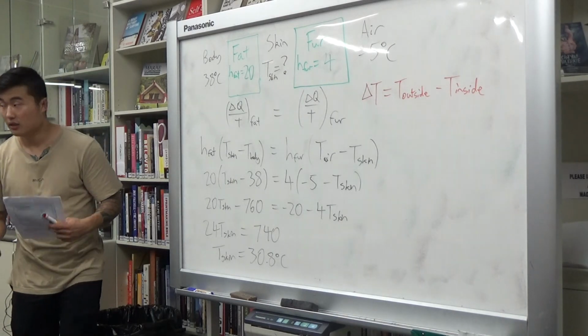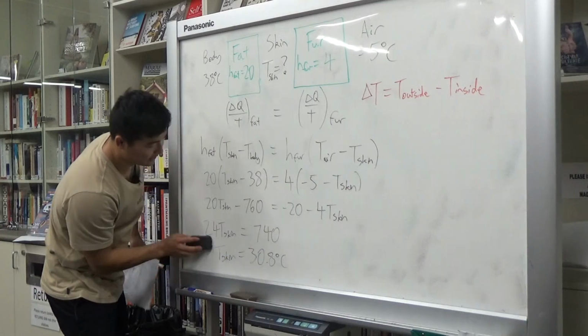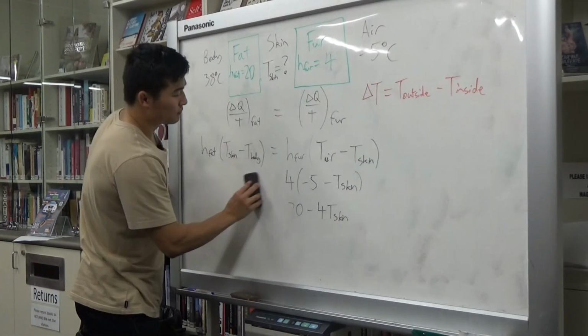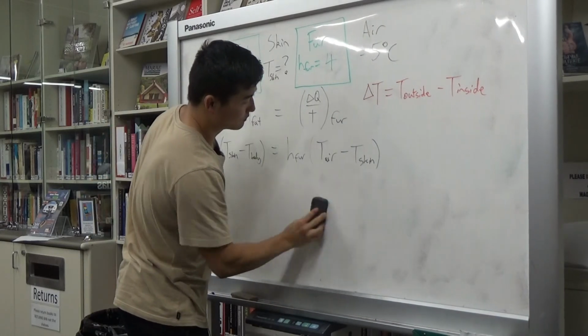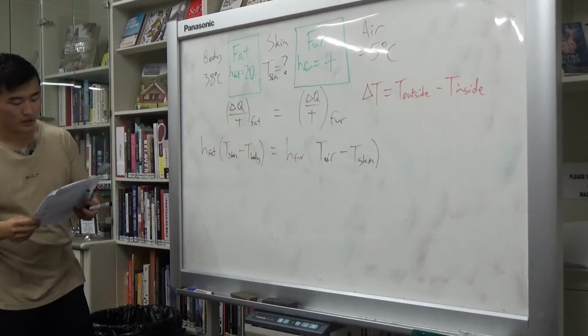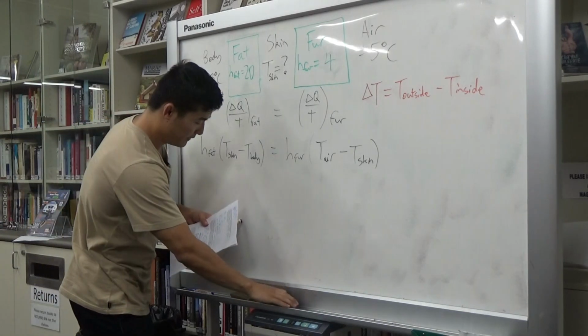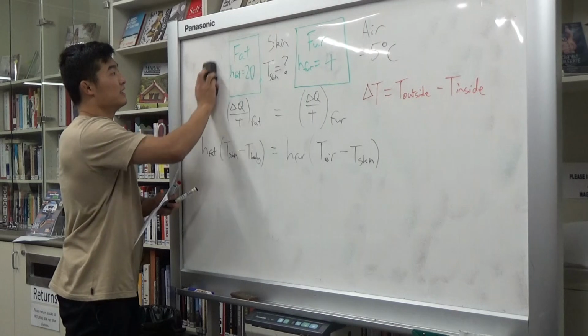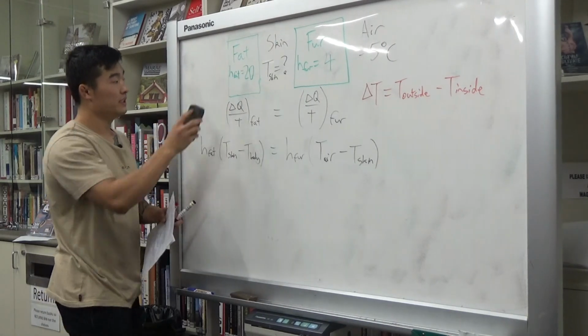Okay. All right, so next one. So our next one, we have a flat and we have a wall. The wall has an inside temperature.